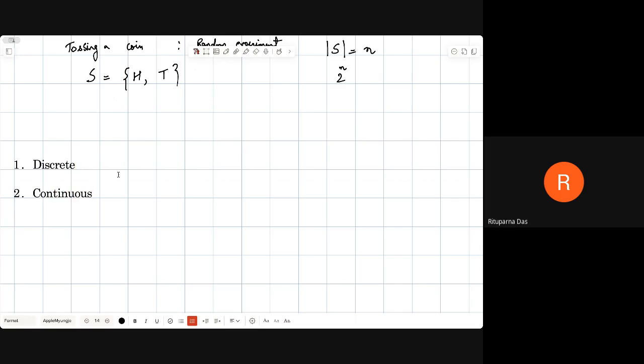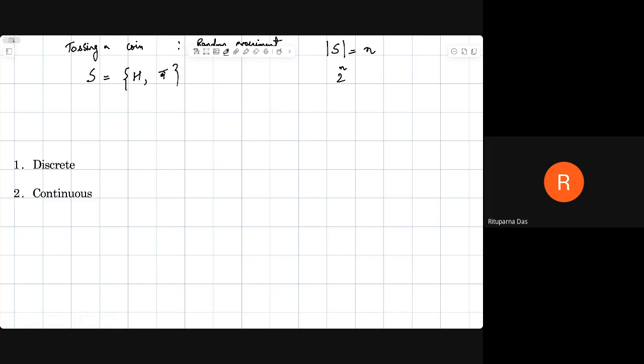So when do we say it is discrete and when do we say it is continuous? Discrete means that the possible values of the random variable. First of all, what do we mean by the possible values of a random variable?